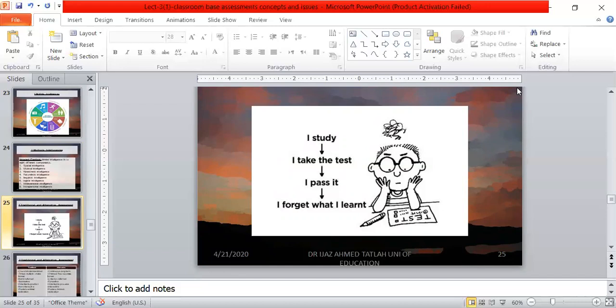So without learning by doing and putting the efforts into practice, learning based only on rote is forgotten with the passage of time.